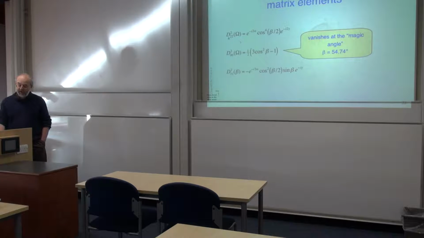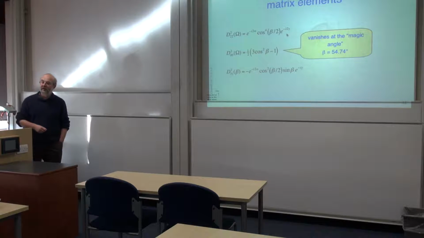And then for some of the other elements, like this one, D2, 2, 2, the reduced element is this cos to the 4th beta over 2 function. And then one has these exponentials, one for the alpha angle and one for the gamma angle. Okay?